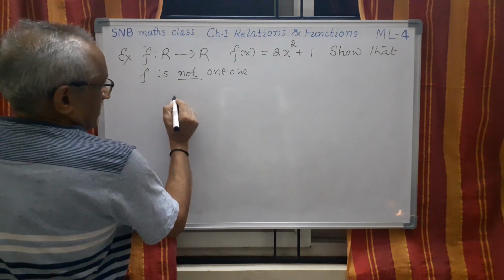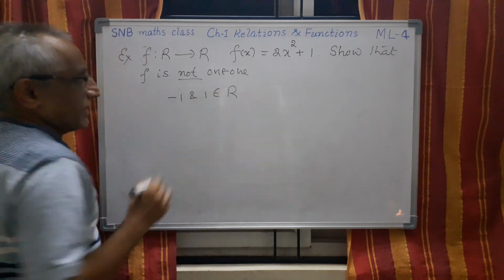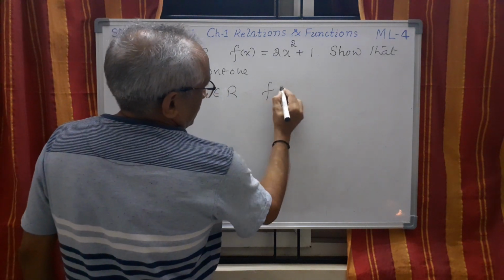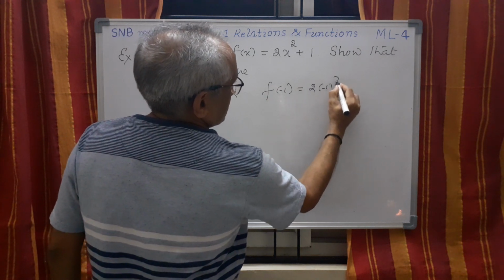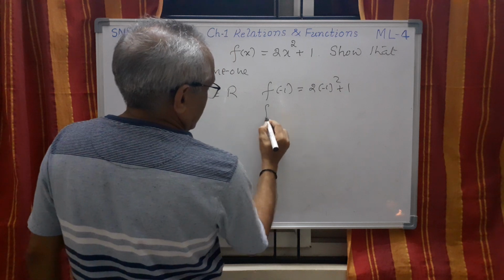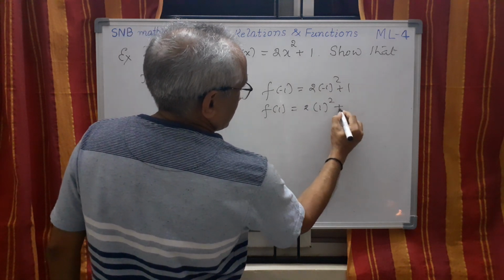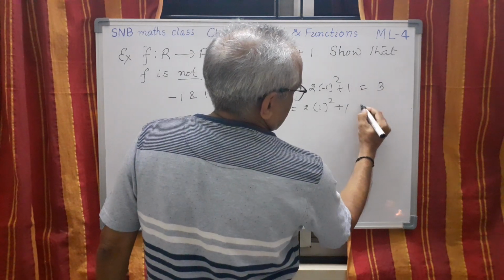So now, -1 and 1 belong to R here in the domain. f of -1 equal to 2 into (-1) square plus 1, and f of 1 equal to 2 into 1 square plus 1. So this gives 3, this also gives 3.